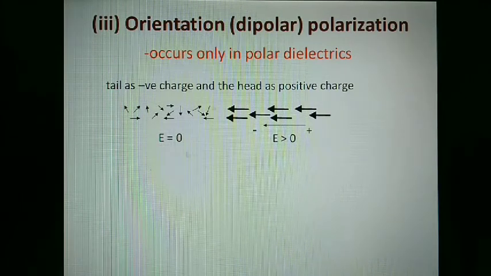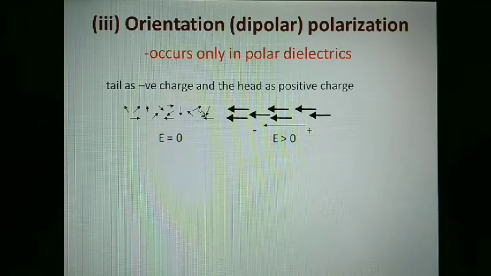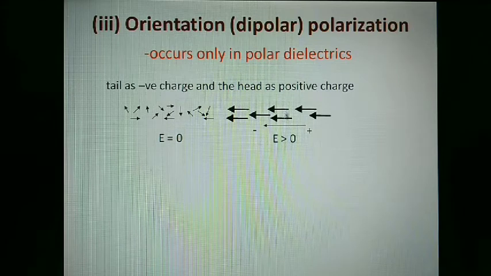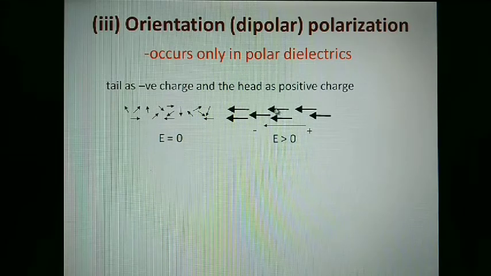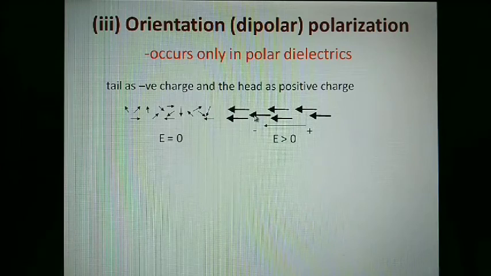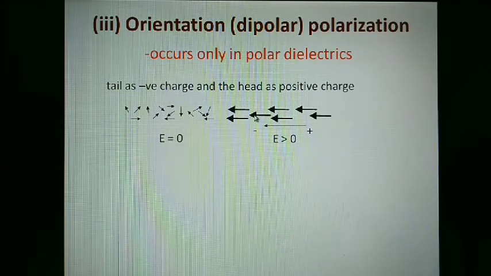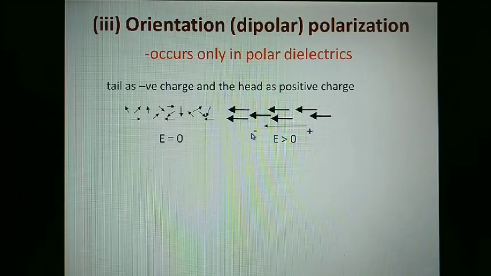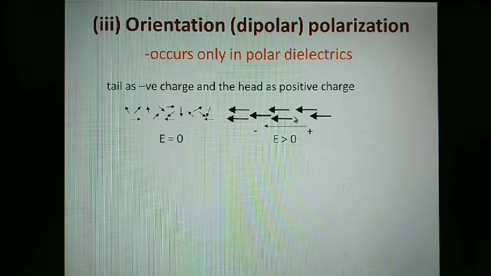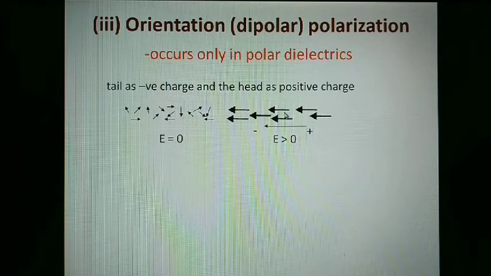So in the absence of this electric field, the dipoles are randomly arranged, but when the electric field is applied, they rotate themselves in such a way that their positive ends will be oriented towards the negative end of the electric field and vice versa. This kind of orientation of the dipoles in the direction of the electric field is known as dipolar polarization.